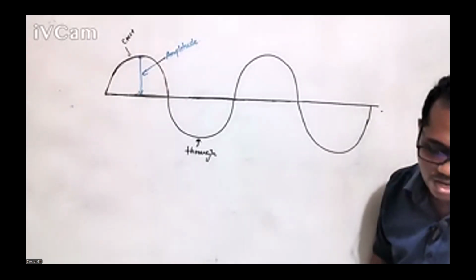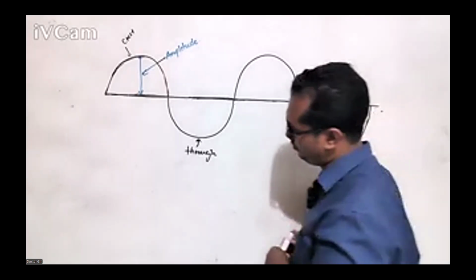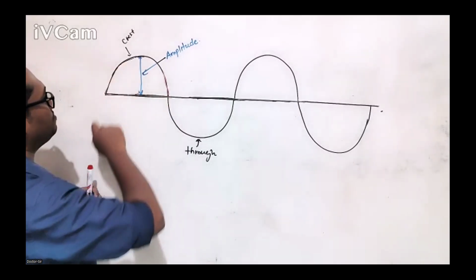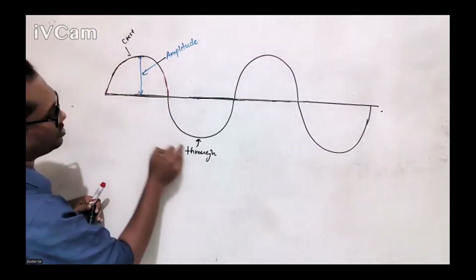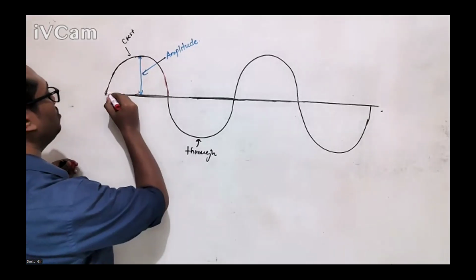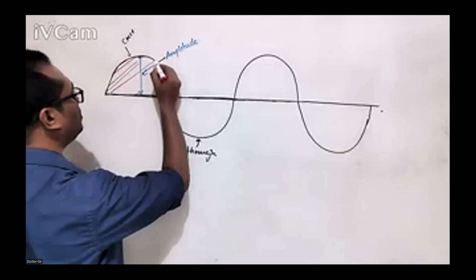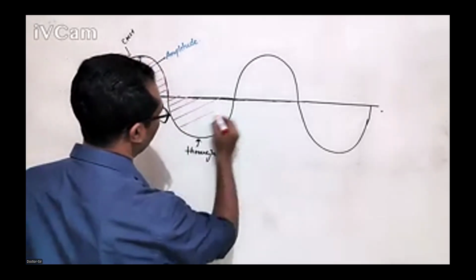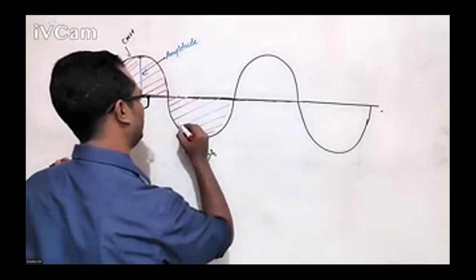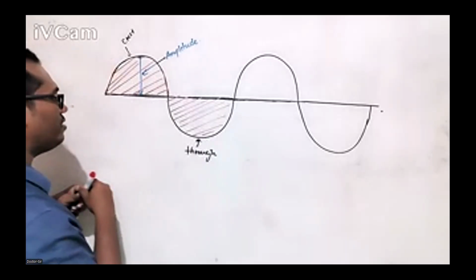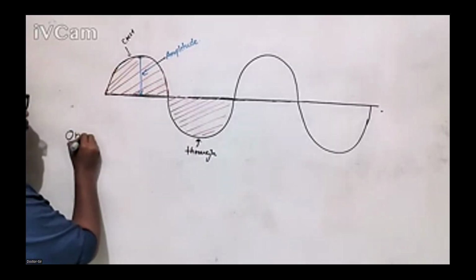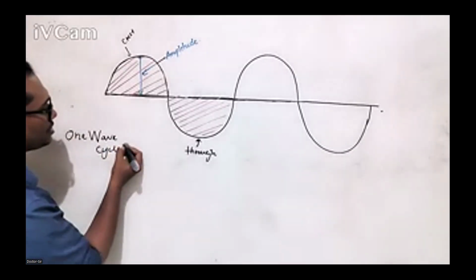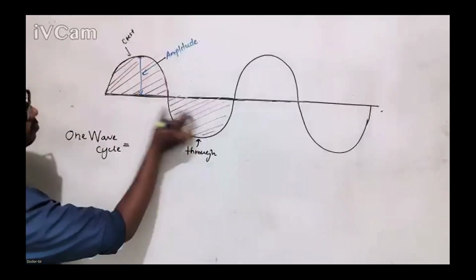Finished? Good. Now I will tell another few important things. Now this is one crest, and this is one trough, right? If we take this one crest and one trough, this is one complete wave cycle. So one wave cycle has one crest and one trough.